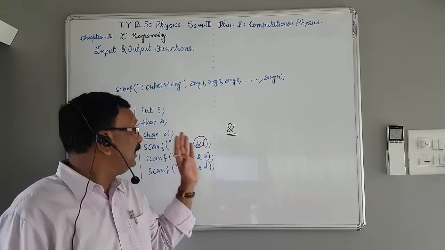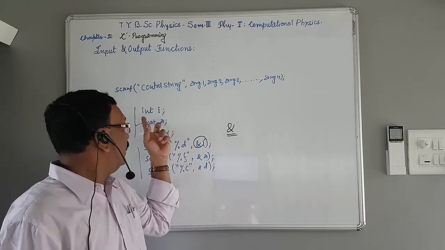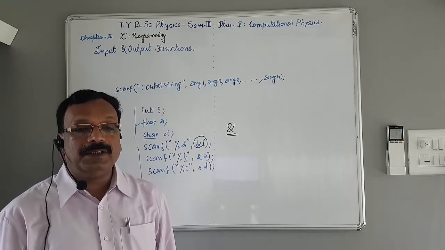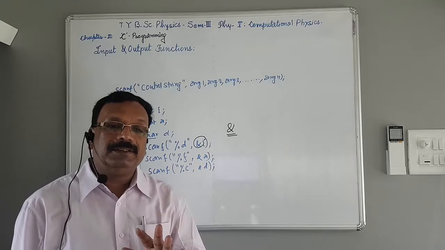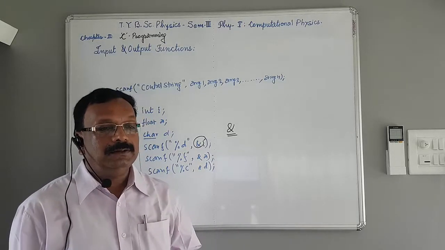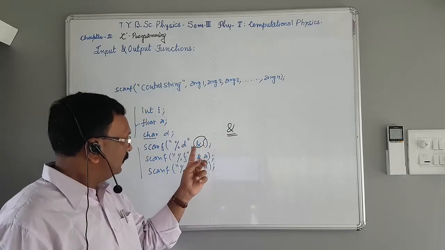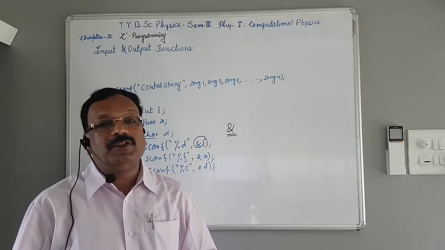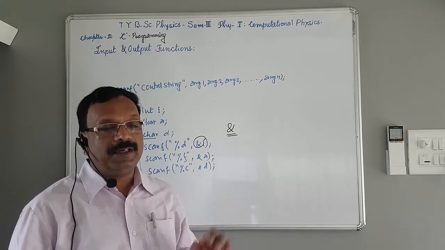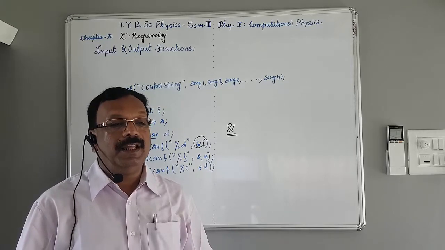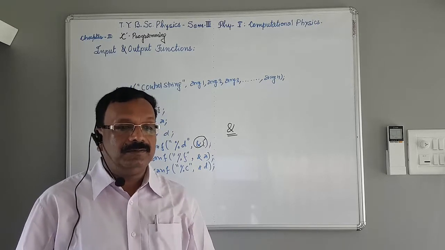When the variable is declared like int i, a memory location is allotted to the variable, and the ampersand character is the address operator in C. It returns the address in memory of the variable it acts on.